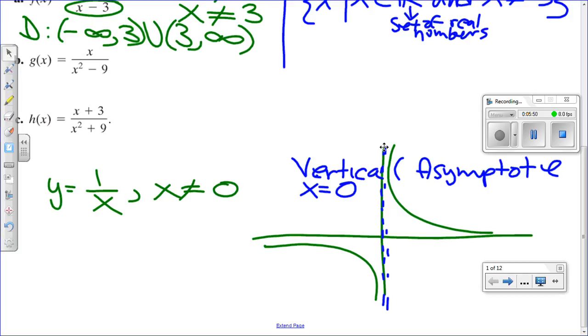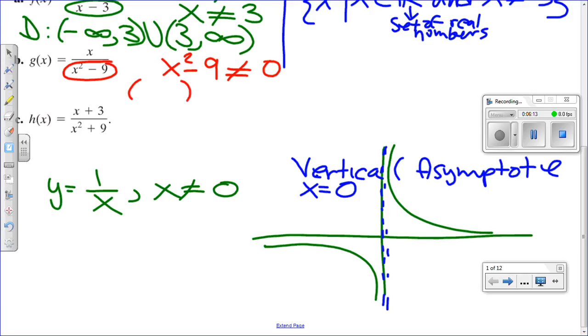Okay, so let's go back to part B, and we have a denominator of what degree? What's the degree of the denominator? 2. So we do the same thing. We take the denominator and say that it cannot equal 0.